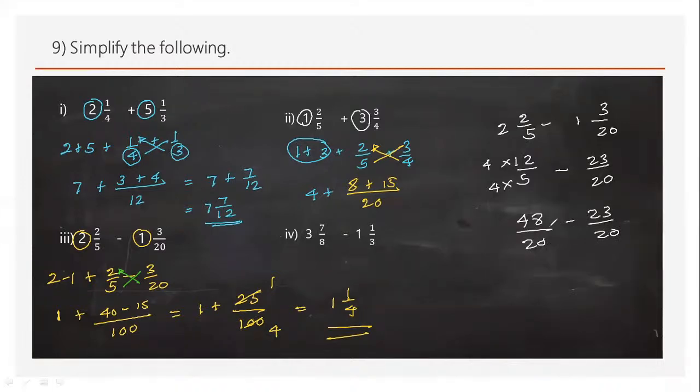Denominators are the same, so you can subtract. 8 subtract 3, 5. 2. 25 over 20. So what is the answer here? 25 divided by 20, 1 and 5 over 20. Look at 5, 1, 5 is here, 4. Answer is 1 and 1/4.